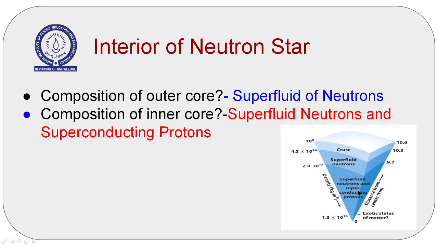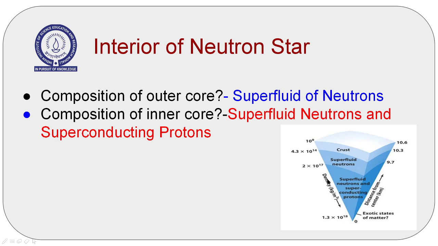This is a similar condition to the electron gas in a metal. When the density crosses approximately 2.5 × 10^17 kilogram per meter cube, or nuclear saturation density, the nuclei will melt and form a fluid of electrons, protons, and neutrons.